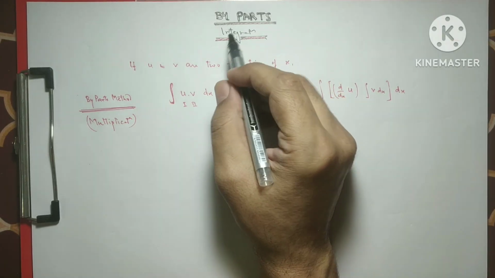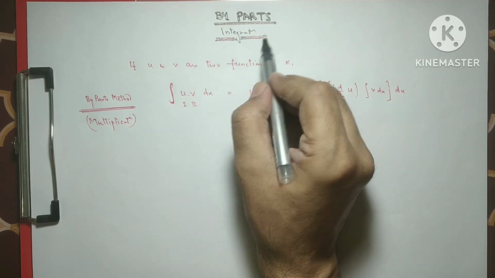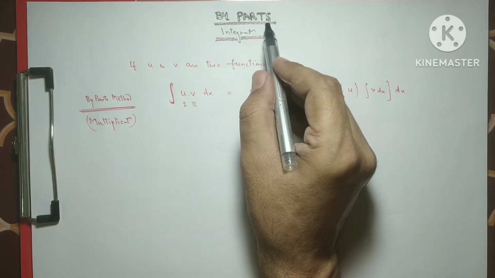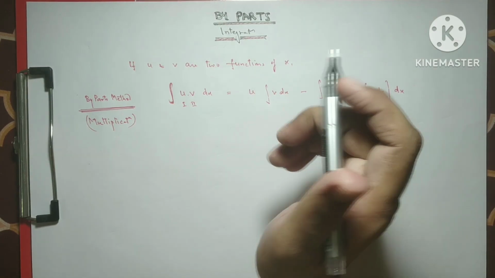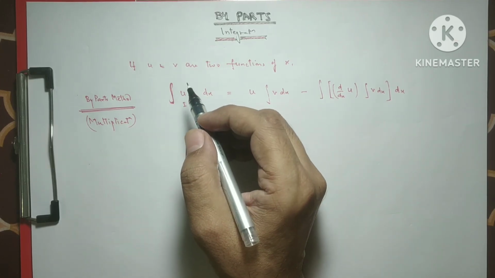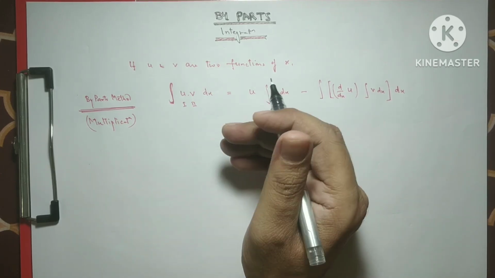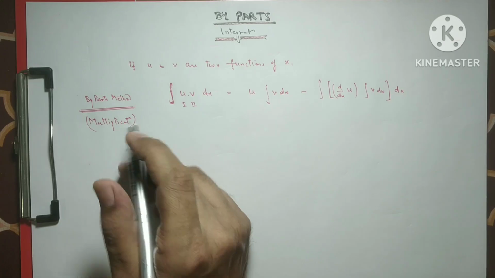So today we are taking integration by parts. So what is this? In simple words, it is a multiplication rule.